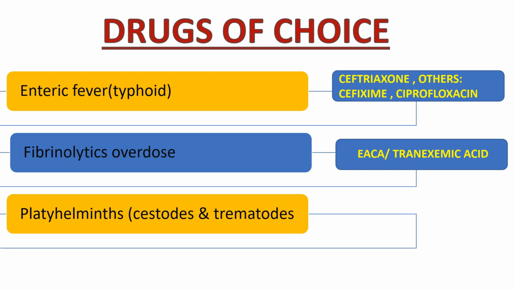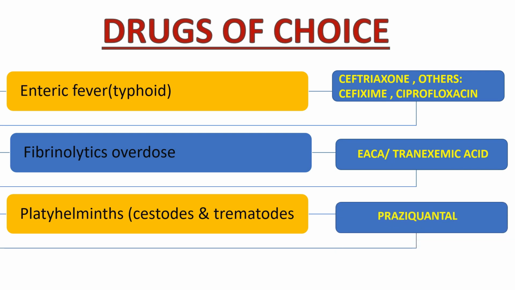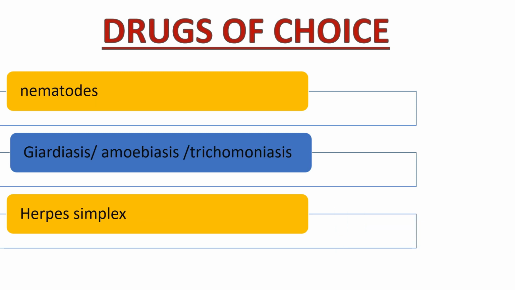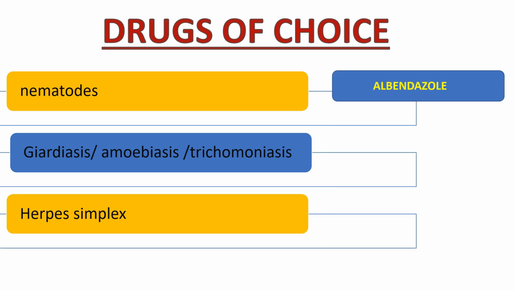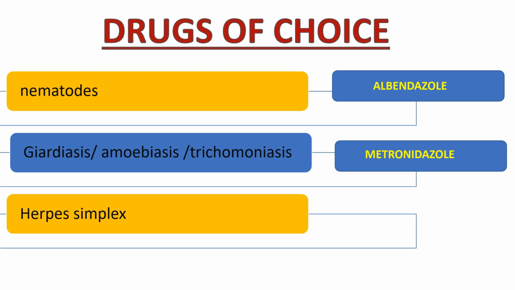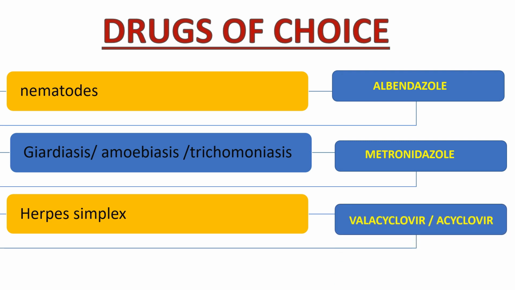For platyhelminthes, that is mainly cestodes, or for trematodes, we will be using praziquantel. Next, for nematodes, we will be using albendazole. For giardiasis, amoebiasis, trichomoniasis, we will be using metronidazole. And for herpes simplex, we can use valacyclovir or acyclovir.